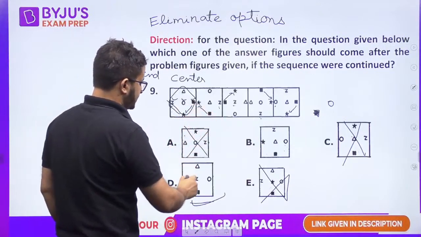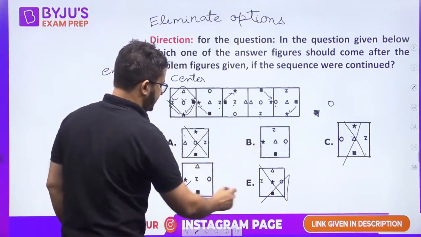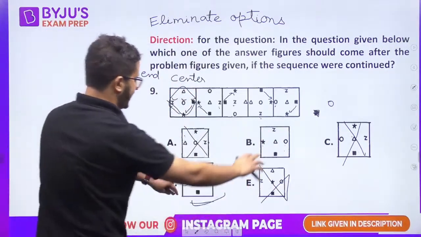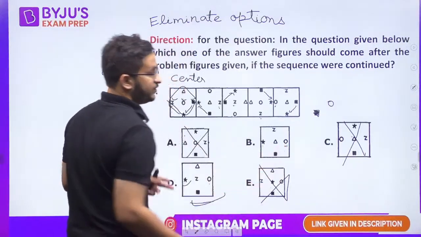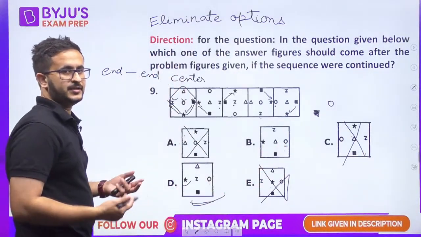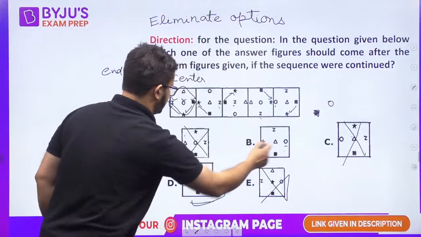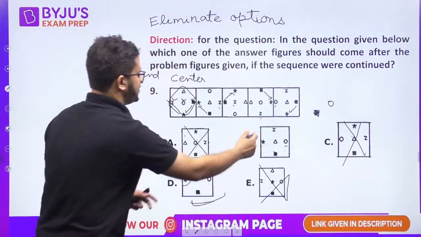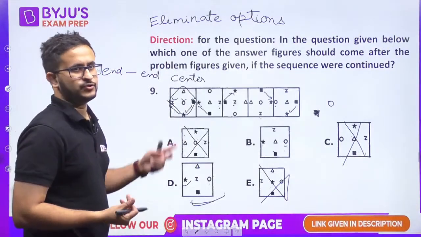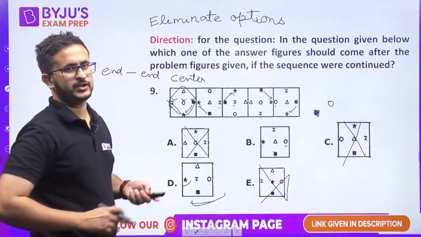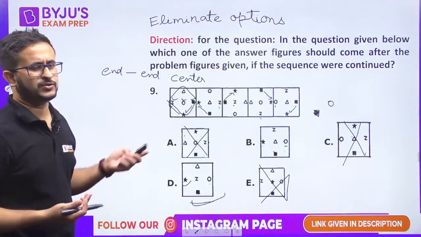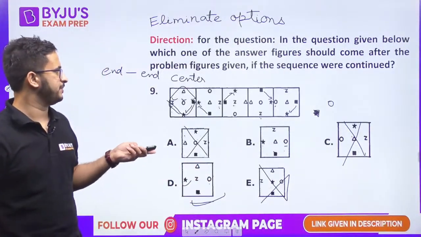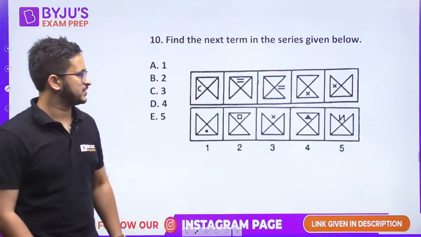We saw that the star is here in 2 of the options, B and D, so we eliminated 3 options. Now if you see B and D, the circle is here, so no need to check for the circle, because the circle is in the same place in both options. The square is also in this position, so you need to check only for Z or triangle. So even 2 elements would have been enough. So it is about luck also. You started with some pattern and got it, or in some cases you might have to check multiple ones.